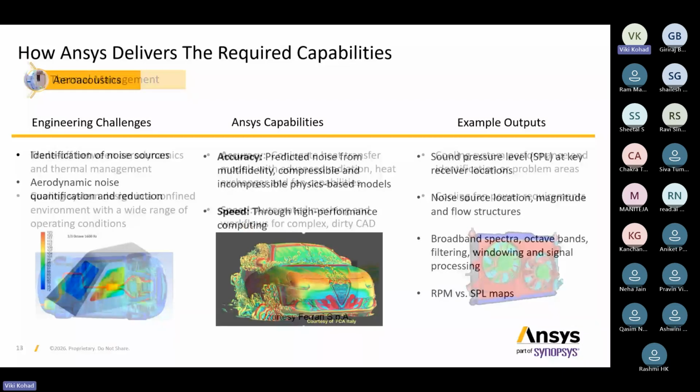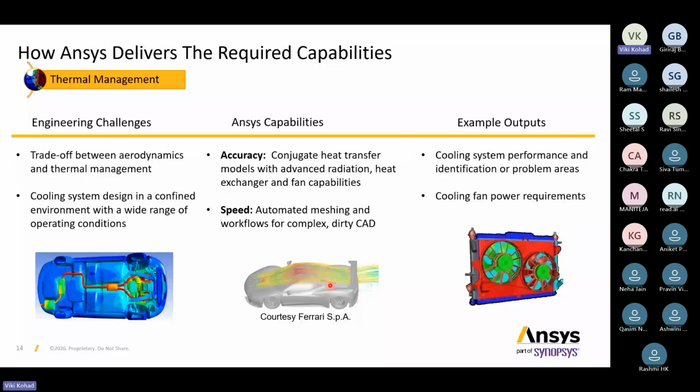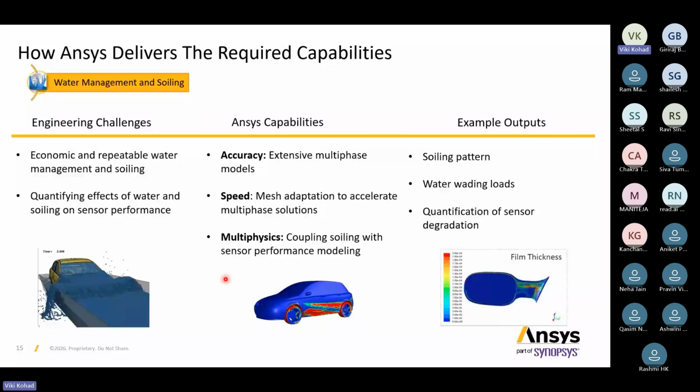In thermal management, like in the internal combustion engine, cooling systems are there. In electric vehicles also, battery cooling systems are there, for cooling the battery and the electric machines. Then the water management and the soiling.